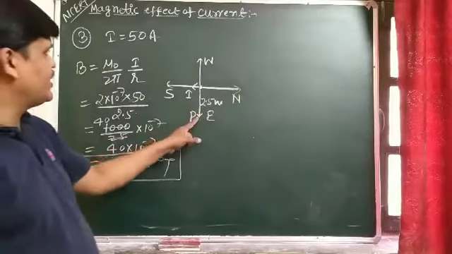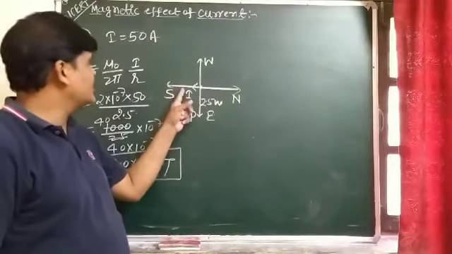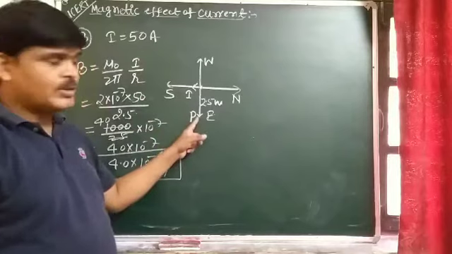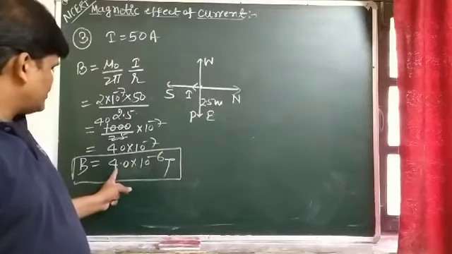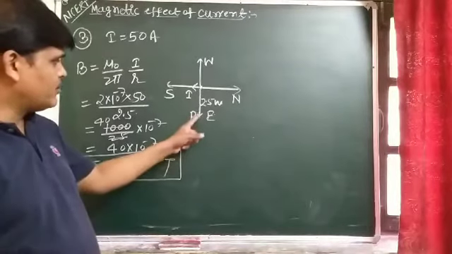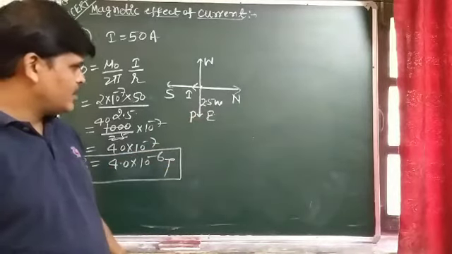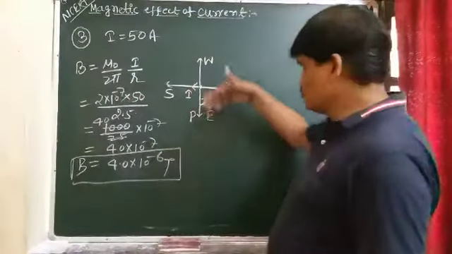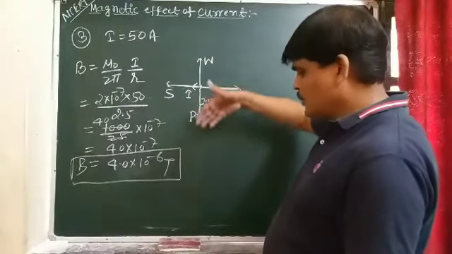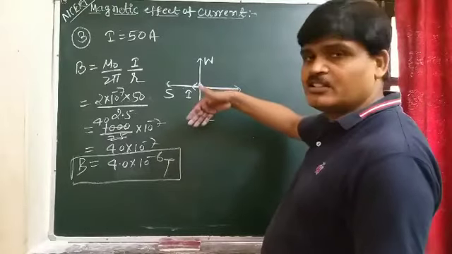So magnetic field at point P, due to this straight wire carrying current 50 ampere, at a point P which is in the east direction. So what is the magnetic field at point P at east direction, and you use the right hand thumb rule.